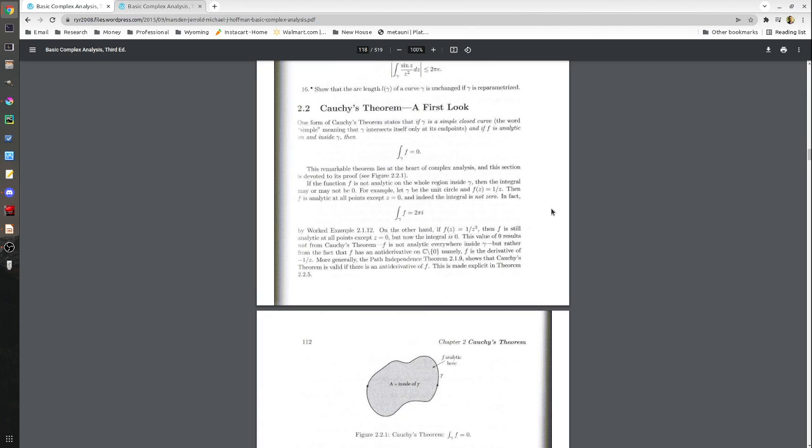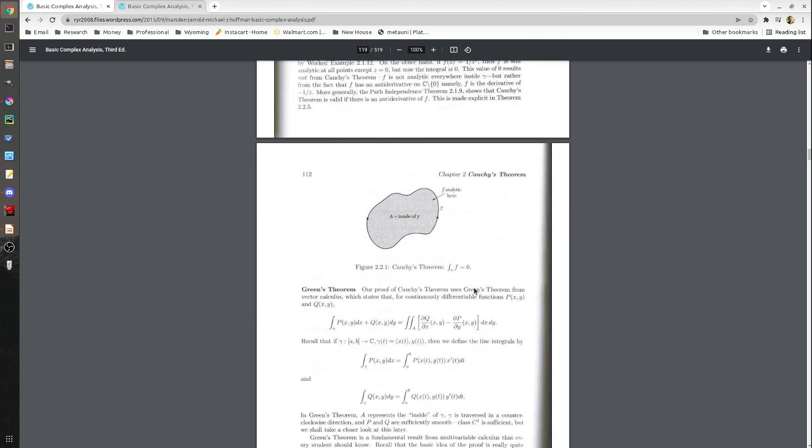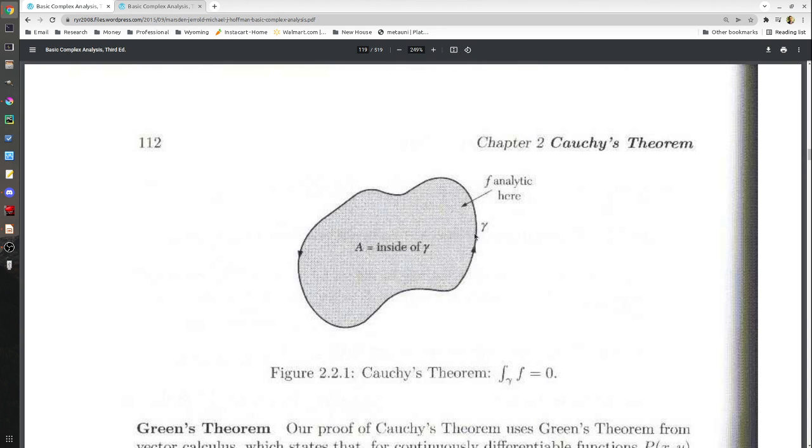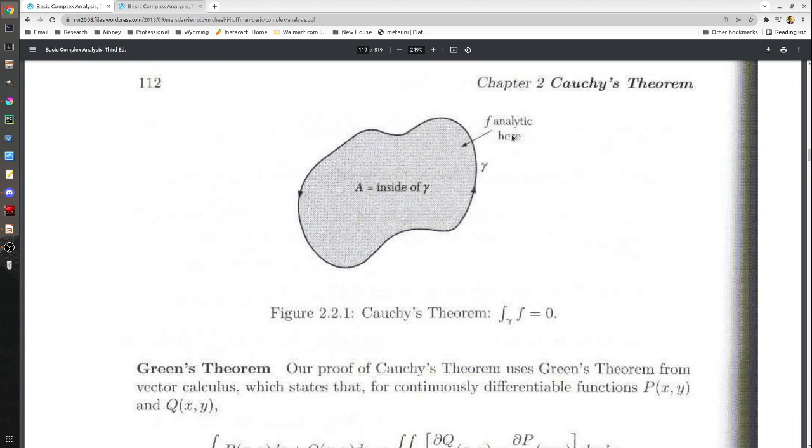It tells us that for simple closed curves, the picture to think of is something where you just start, you go around, like a loop or some kind of deformed loop, but it doesn't pass through itself, and it goes back to where it started at some point. If you take analytic functions and you do this nice integral along these things, you get 0.